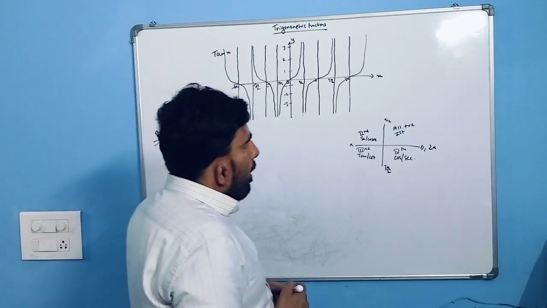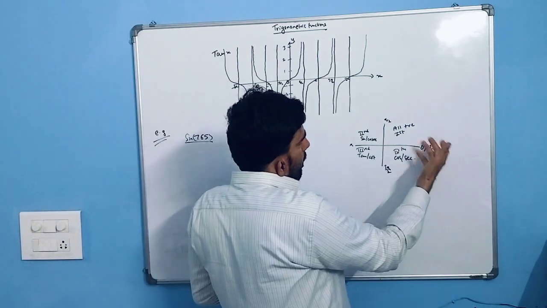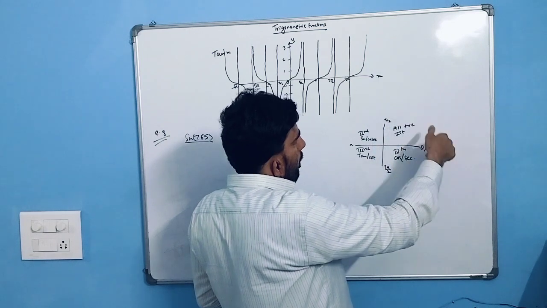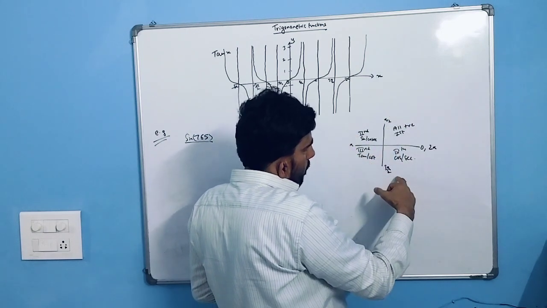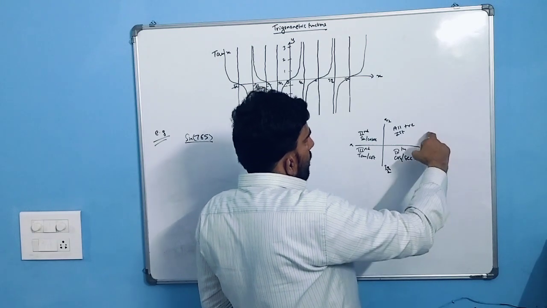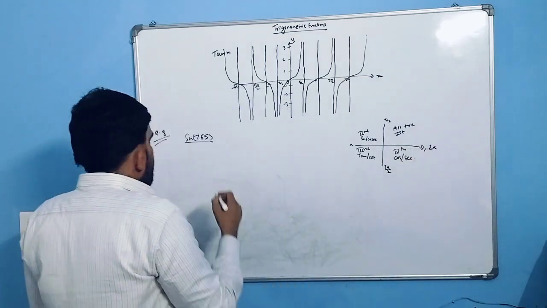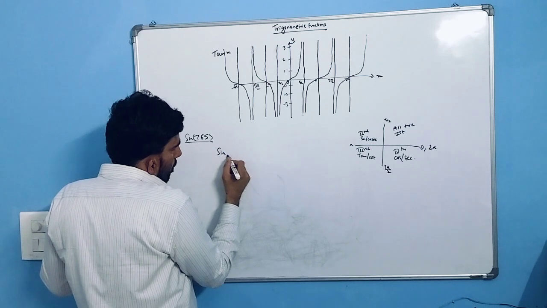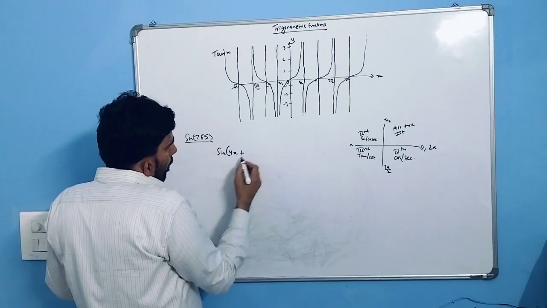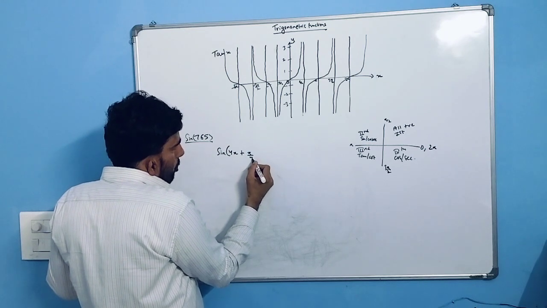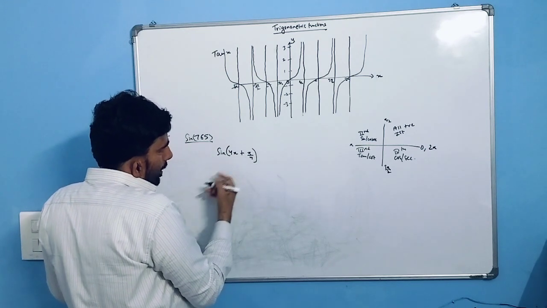765. So if I say 360, then 450, 540, 630, 720 plus. So I can write this. Sine 4 pi plus how much? It would be pi by 4. That is 45.